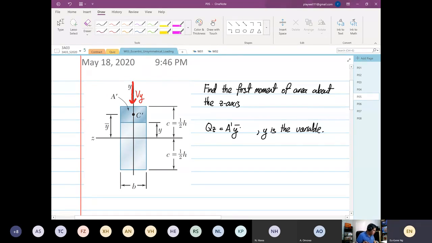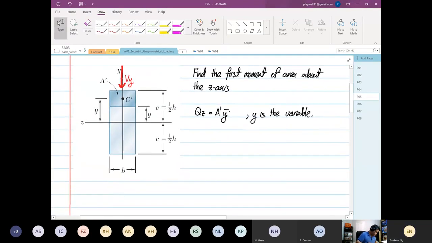Y down there is a variable. So the analysis will be performed from the centroid axis.